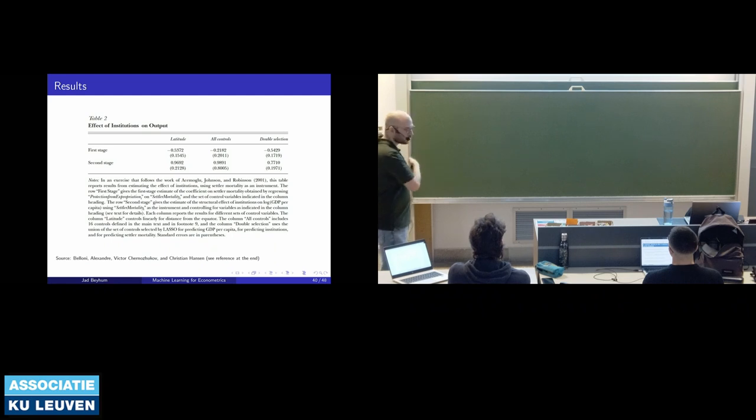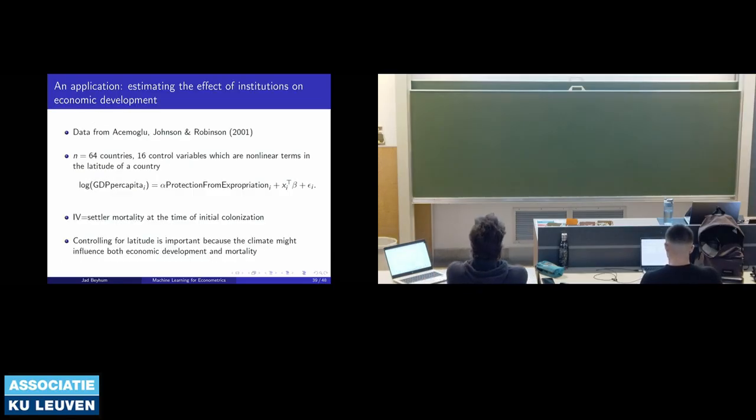Then you have a second column called all controls. So this is a case where you introduce many nonlinear terms like polynomials, like squares in latitude as controls. In total, you have 16 controls, so 16 controls for 64 observations.